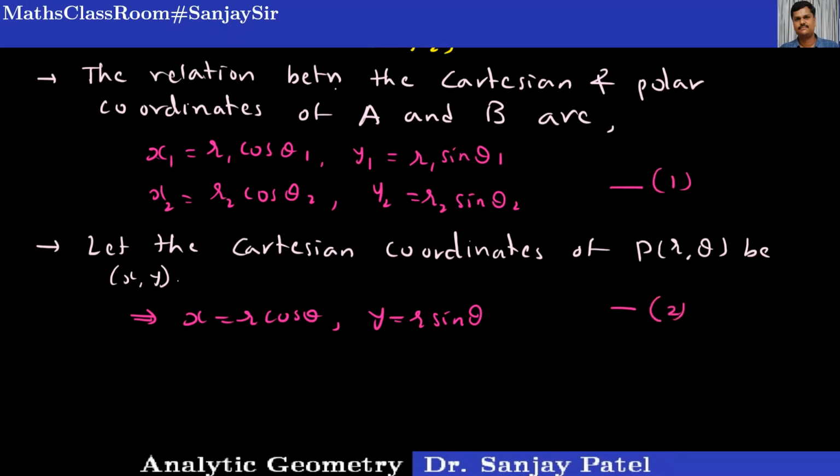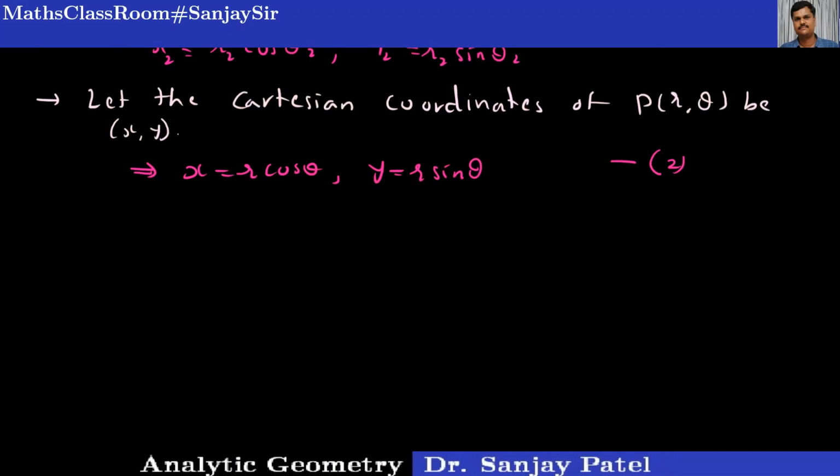What I am going to use next is the Cartesian equation of a circle with diametrical endpoints (x1, y1) and (x2, y2). So I am writing like this.